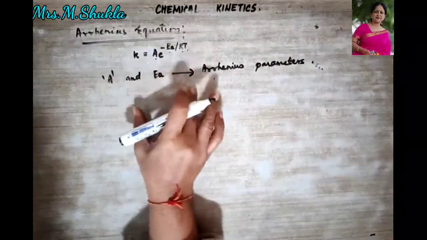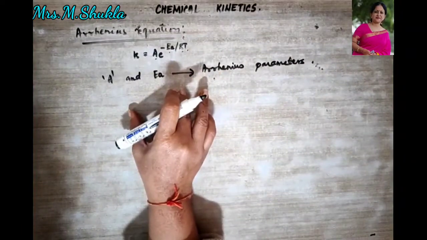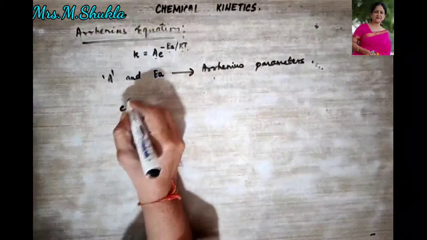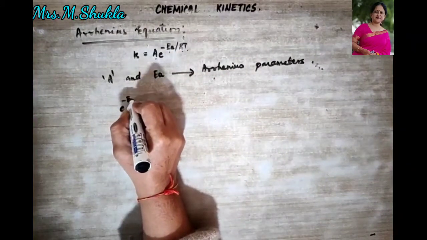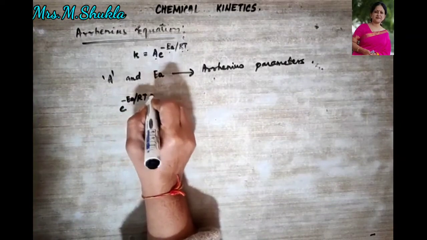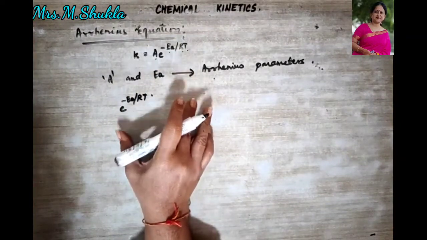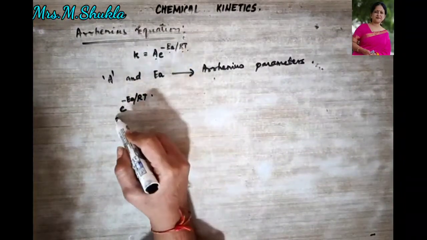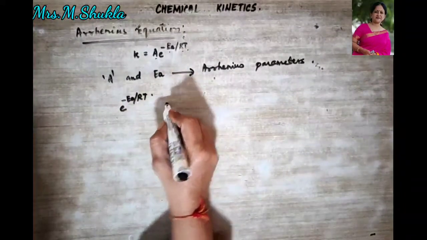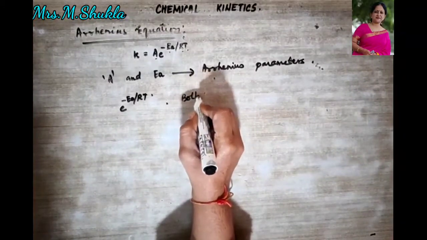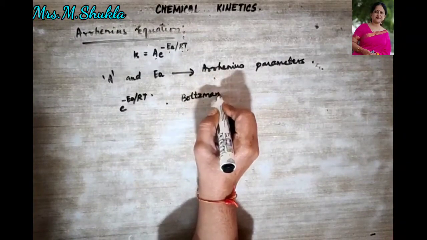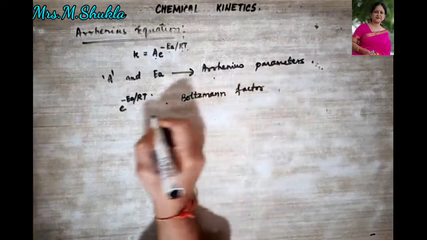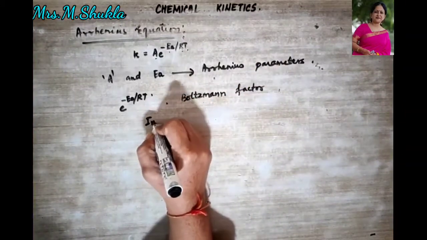The two quantities are termed Arrhenius parameters, right? And the factor e to the power minus EA by RT gives the fraction of the molecules having energy equal to or greater than the activation energy. And what is this called? This is called the Boltzmann factor. Followed?